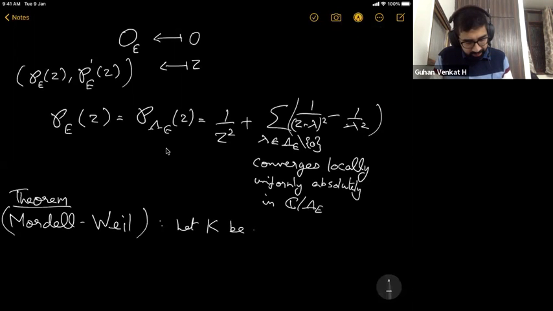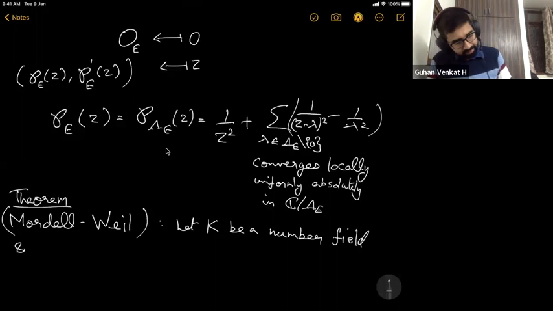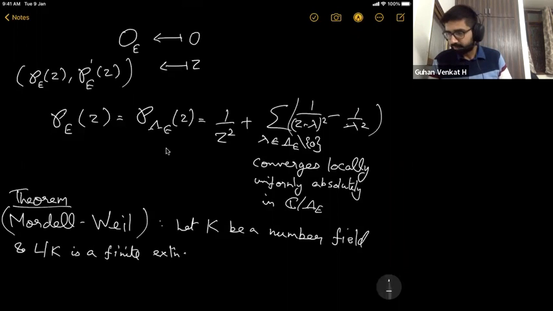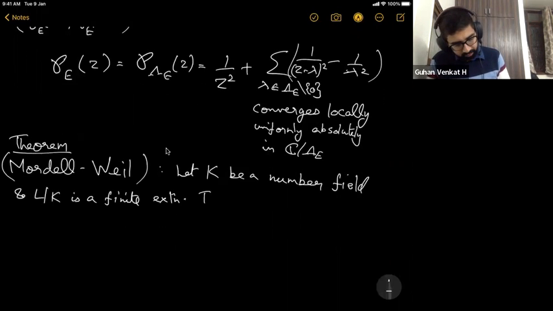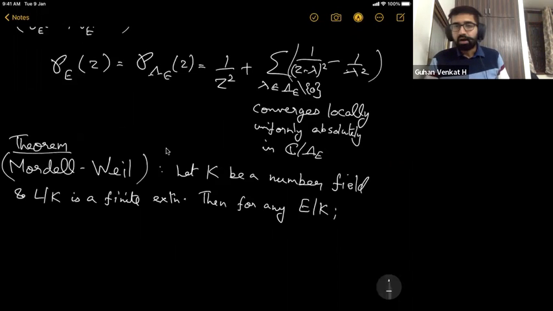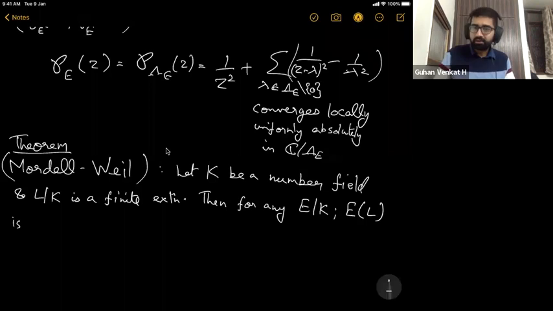So let K be a number field, and say L over K is a finite extension. Then for any elliptic curve E over K, we have a nice structure theorem for the set of L-rational points on this elliptic curve. So E of L, we know that it's a group.